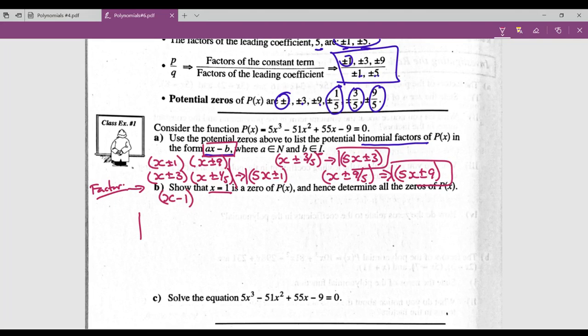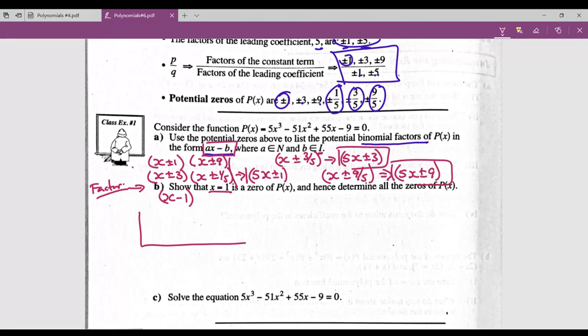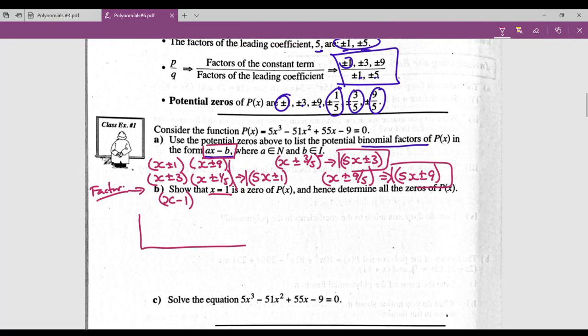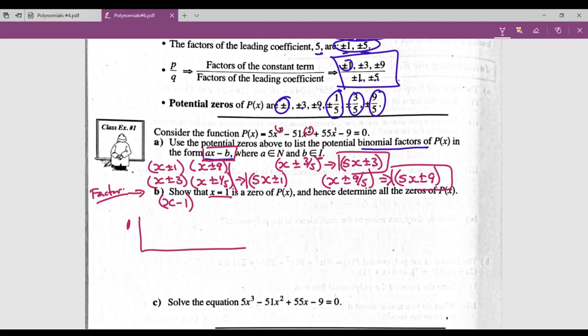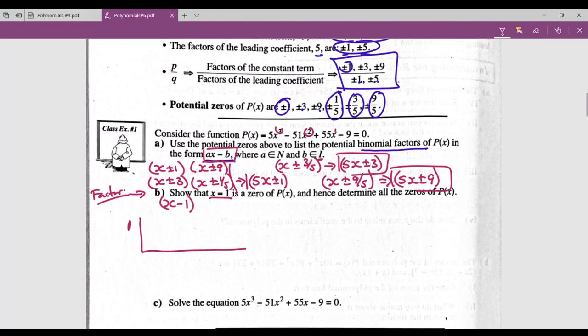We go, okay. We go 1 on the side here. We look at our polynomial coefficients: 5, negative 51, 55, negative 9. There's no missing term, so we don't have to add any placeholders. Put our coefficients down.